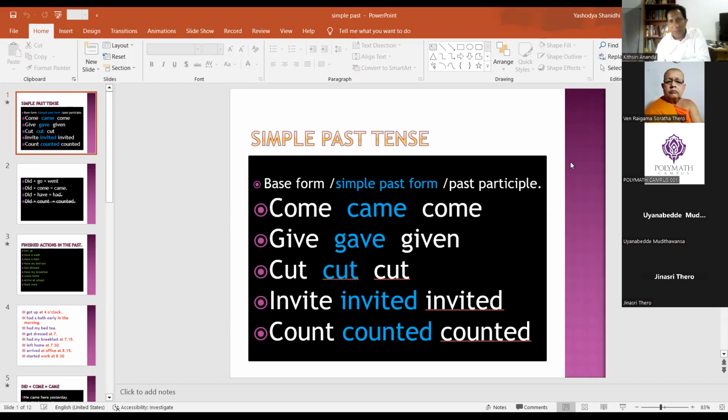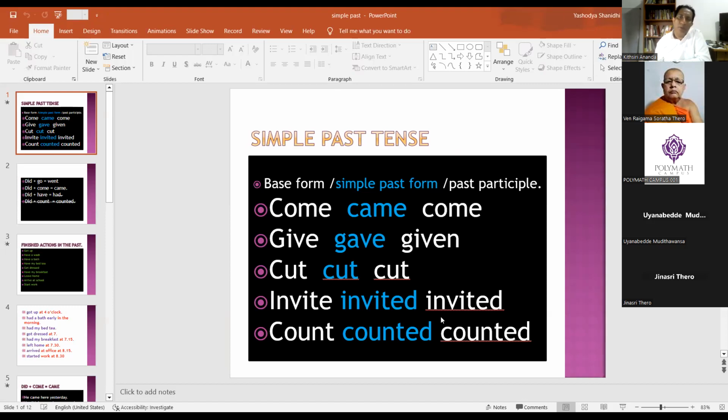So you can see I have highlighted the simple past form here because we can only use the simple past form in the simple past tense. We don't use that form in any other tenses.